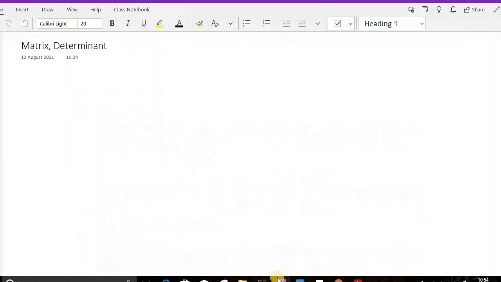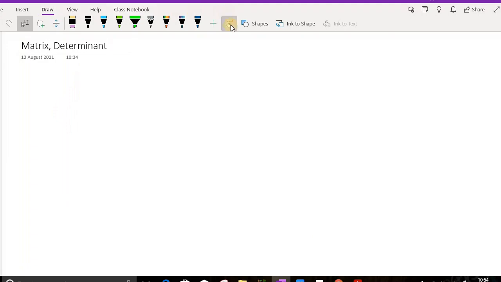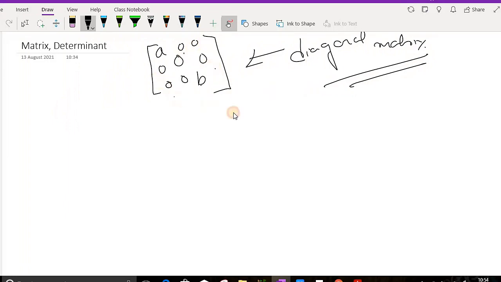This is very important. For example, if I write a matrix like this, a, 0, b, and 0 elsewhere, this is a diagonal matrix because the non-diagonal terms are 0.